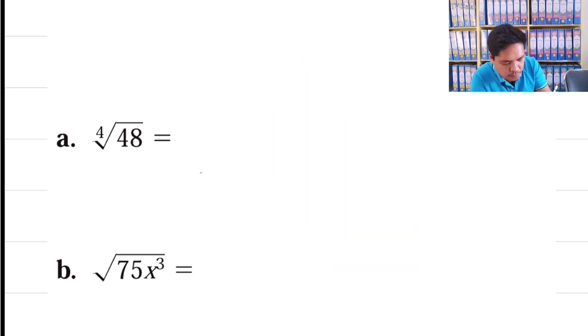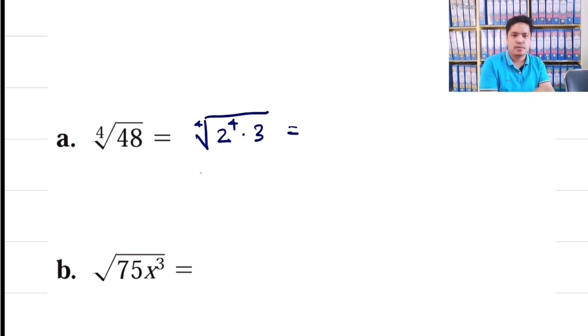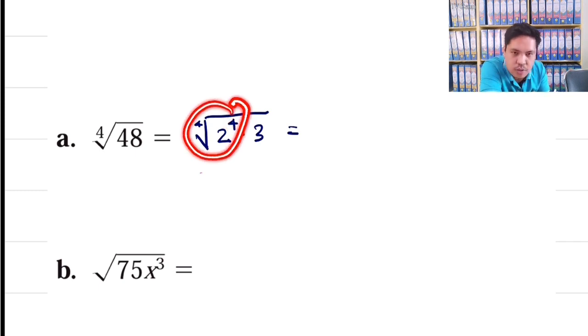So, I could rewrite this as the fourth root of 2 raised to 4 times 3. The index is even, so this is equal to the absolute value of the radicand 2.